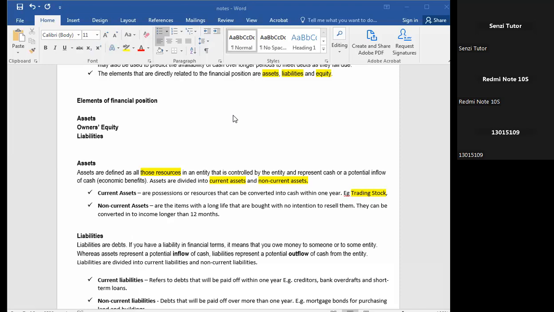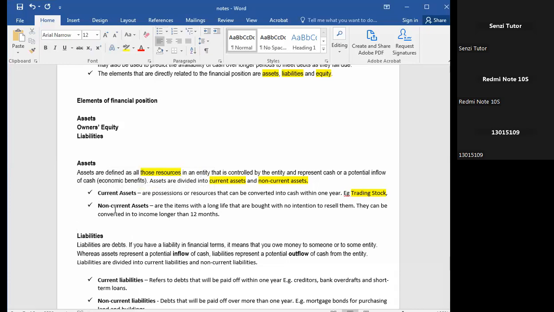From that, we know that debtors belong to a current asset, because we give them a specific number of days. Usually, businesses give them only 30 days to pay their money back. Therefore, within 1 month, we can get our money back. So that's why we say debtors are a current asset, because we can convert them into cash within 1 year. All right. Let's move on now.